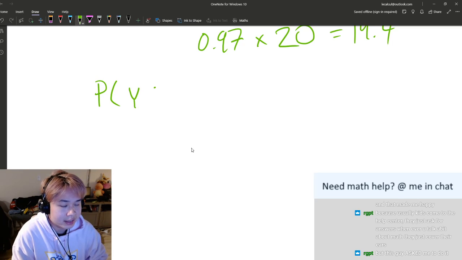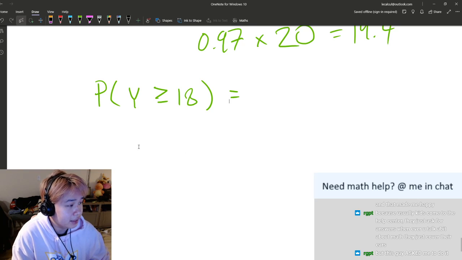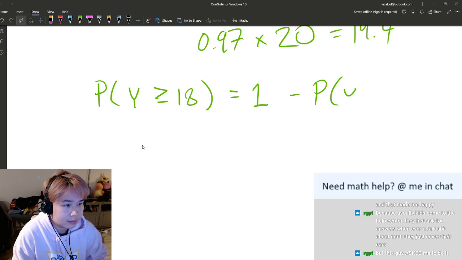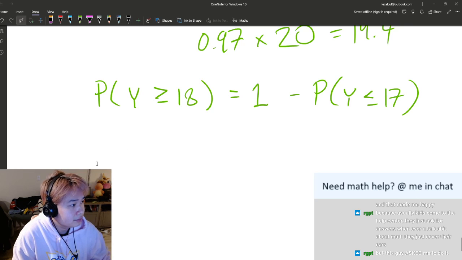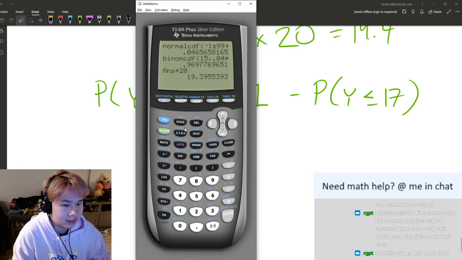Y being at least 18 boxes means it needs to be like this. So we, unfortunately, in a TI-84 cannot find upper boundary cumulatives, but this is the same as the complement, which is 1 minus less than 18, which is 17 or less. So we can do that. That's easy enough to do.